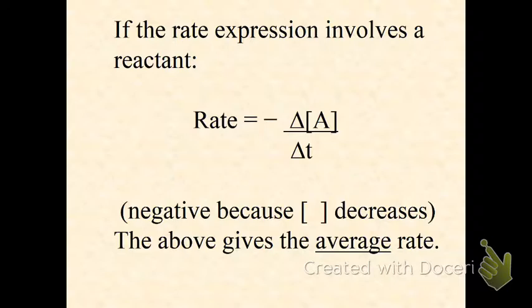If you want to see the change in reactant over time, you put a negative sign in front of that change in concentration over change in time. Why the negative sign? Because the concentration is decreasing as your reaction proceeds. Makes sense.